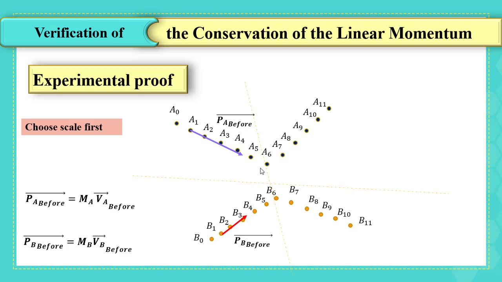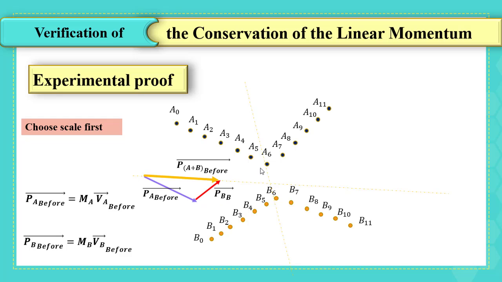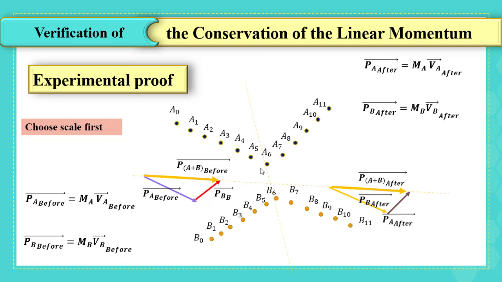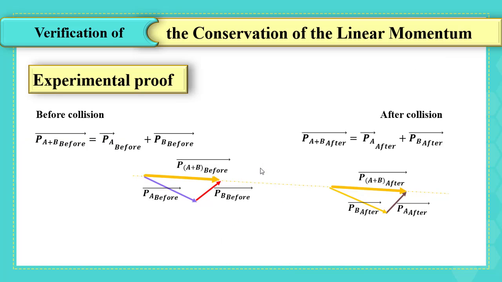Measuring the linear momentum of the system before collision means adding vectors. We represent the vectors of linear momentum of A and that of B before collision and after collision, then add them as vectors. So we find that the two measured vectors before and after collision have the same magnitude and the same direction. Thus, the linear momentum is conserved.